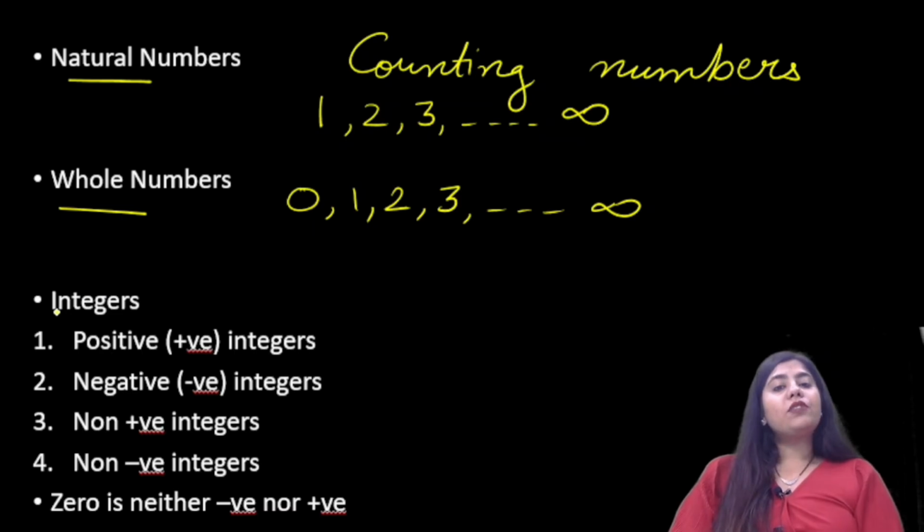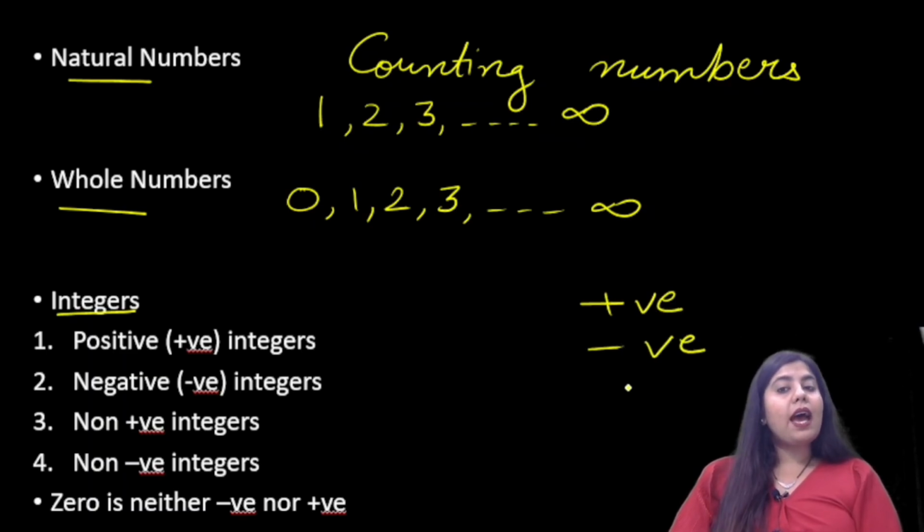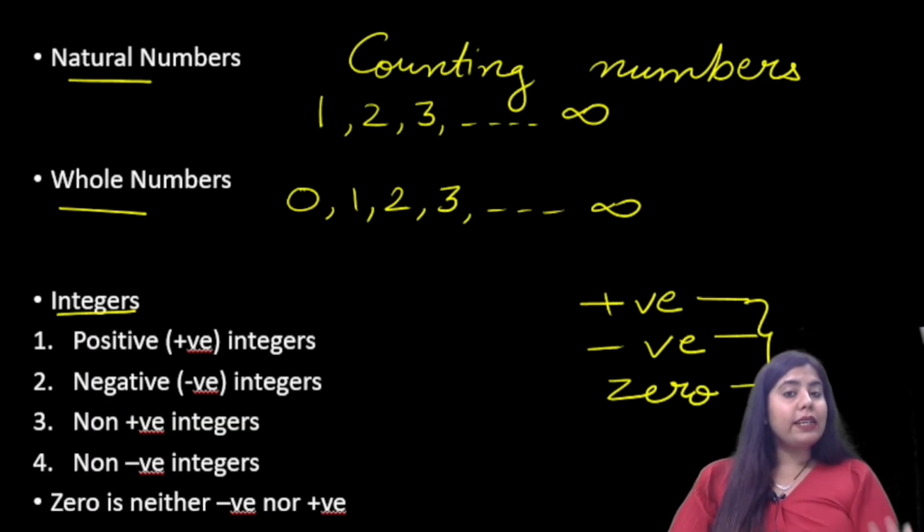After that we have integers. Integers are the positive numbers, the negative numbers and 0. Whenever we combine positive numbers, negative numbers and 0, they are known as integers.